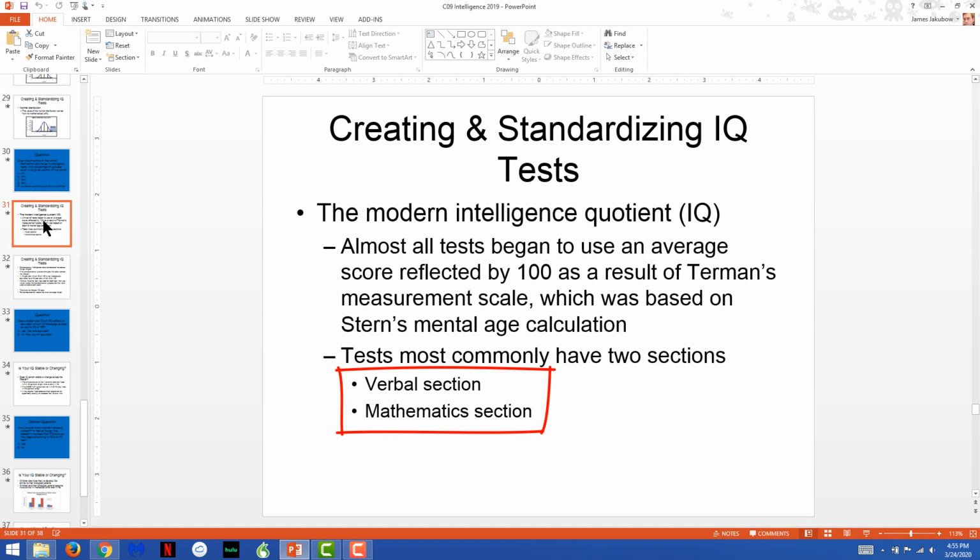What test have you generally seen that has a verbal and a math section on it? The SAT, right, and also the GRE, the graduate record exam, which many of you may take years from now.